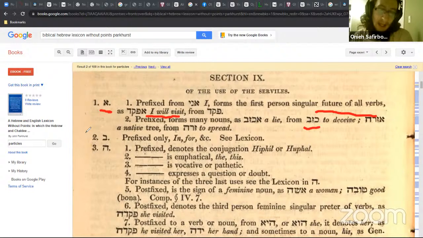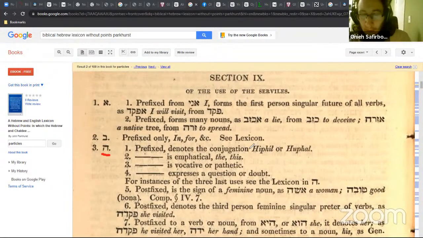So, hey. I was just showing you guys bet, and now hey. If you put it at the beginning of a verb, it makes it a hifil or hufal conjugation. Basically what that means is it makes it causative.